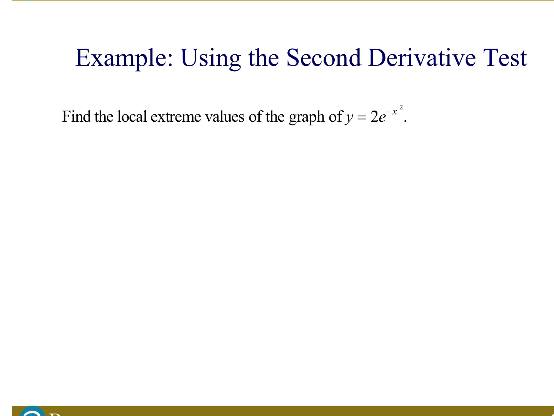All right, find the local extreme values for 2e to the negative x squared. So we're going to need a y prime, and we're going to need a y double prime. Y prime is going to give me the 3-part derivative, 2e to the negative x squared times the natural log of e times negative 2x.